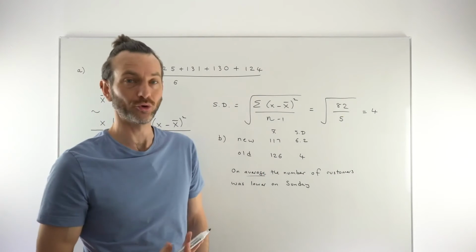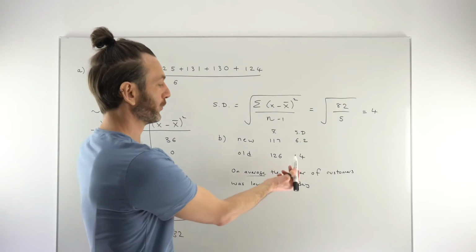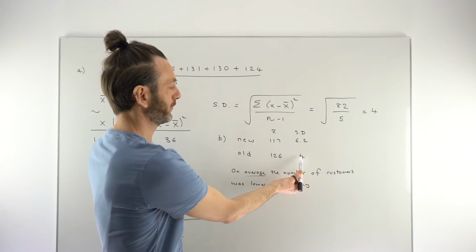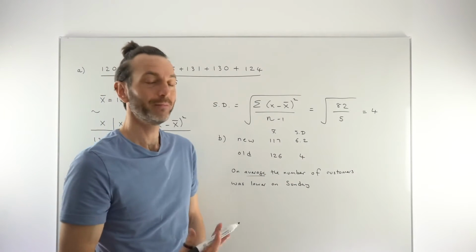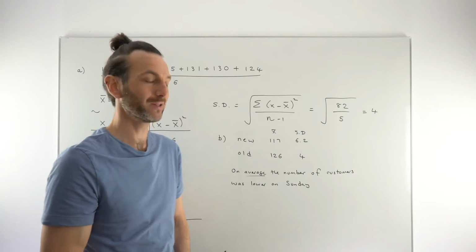Standard deviation measures consistency. So we can say that the old standard deviation was 4 and it's gone up to 6.2, but higher standard deviation means less consistent.